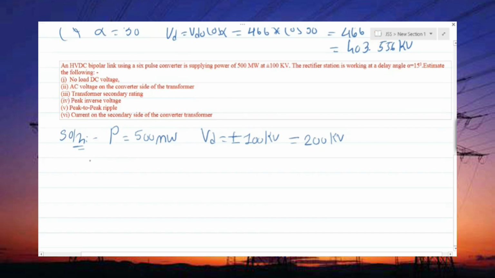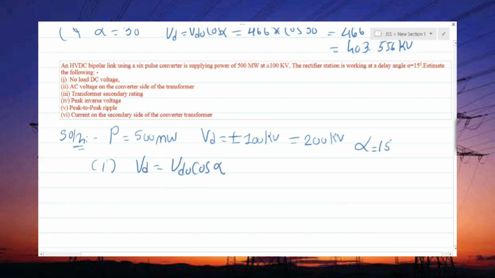The first one is the no load DC voltage, meaning VDO. Here also alpha is given, 15 degree. As you know, the DC voltage output VD is equal to VDO cos alpha.